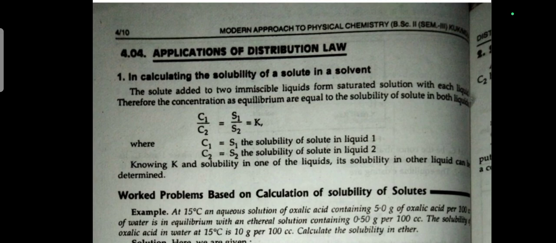C1 upon C2 is equal to S1 upon S2 is equal to K. K is the distribution constant. C1 is equal to S1, the solubility of solute in liquid 1, and C2 is equal to S2, the solubility of solute in liquid 2. Knowing K and the solubility in one of the liquids, its solubility in the other liquid can be determined.